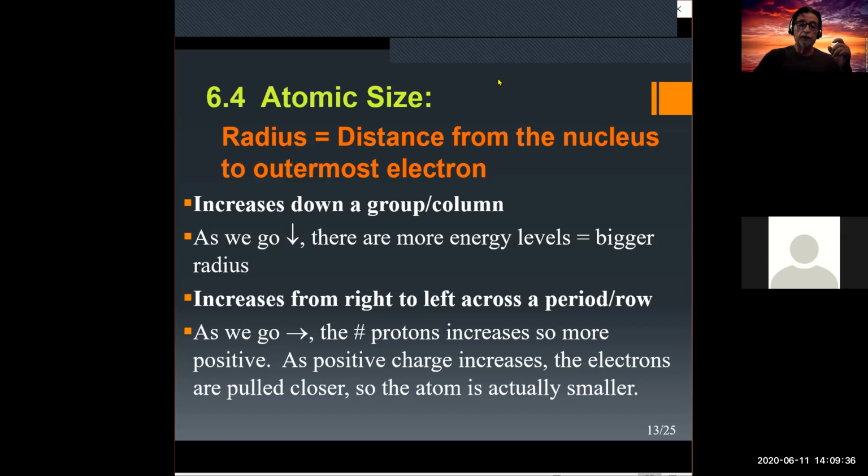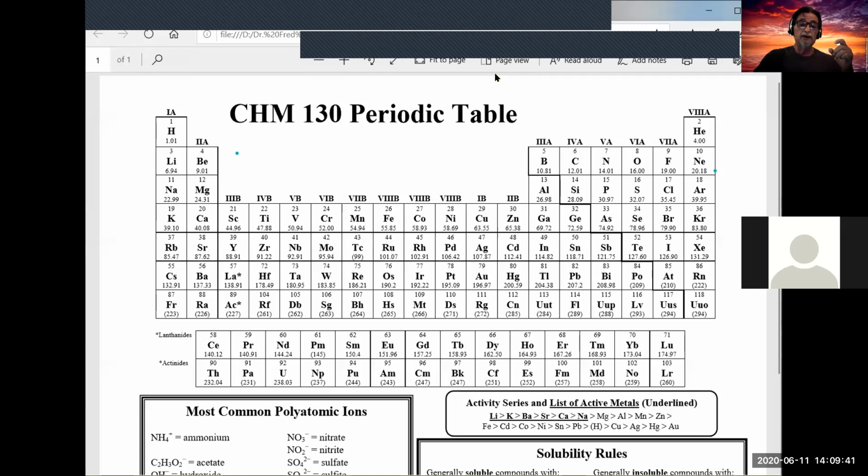And so going from left to right, the radius decreases. If we look at lithium, number 3, it has 3 protons, 3 electrons. And when we compare it with neon, number 10, neon has 10 protons and 10 electrons. So there's a lot more force pulling the electrons and the protons together.